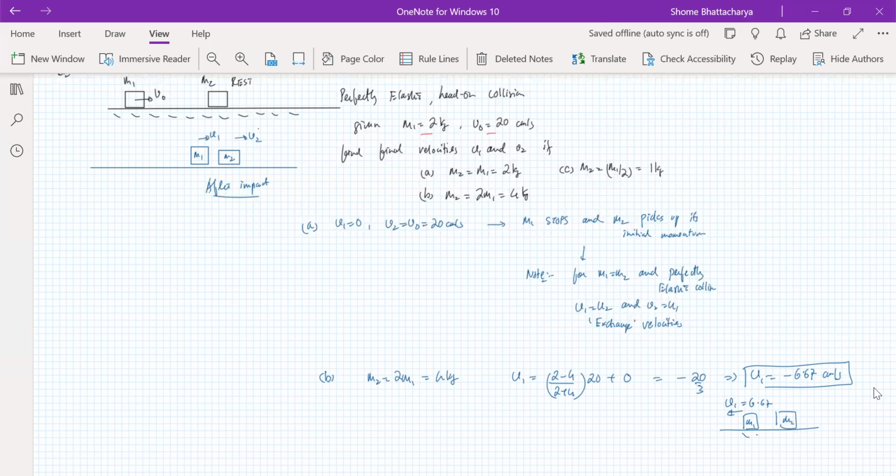Whereas M2 after impact will be going in the forward direction, and that you will see is 2m1 upon m1 plus m2. So V2 will come out with a positive sign. And you can see that the separation velocity will be equal to the approach velocity.